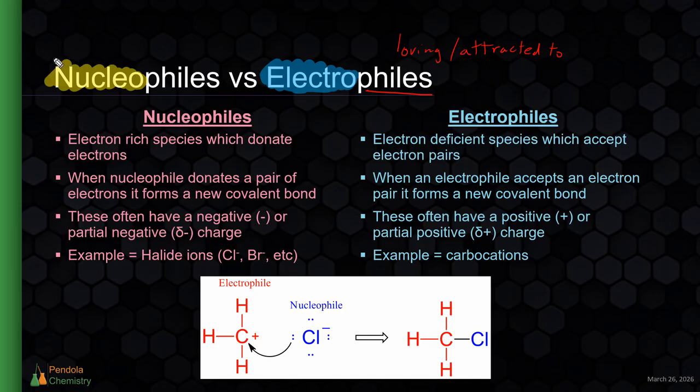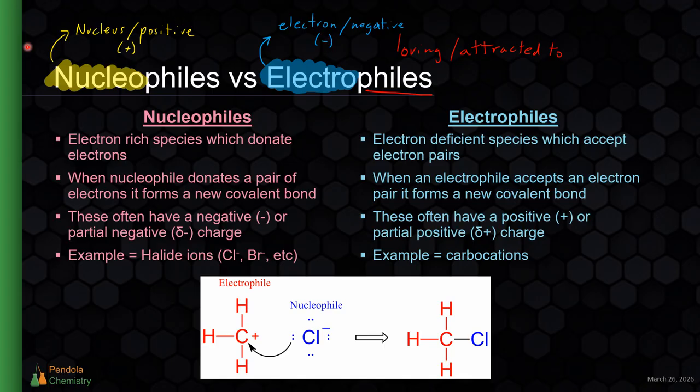Nucleo is related to the nucleus, which is positive in charge. So nucleophiles are attracted to positive things, whereas electrophiles, electro should bring the word electron to mind, meaning negative, so negatively charged. So a nucleophile is attracted to positively charged things. Electrophile is attracted to negatively charged things. And that's exactly what they are.